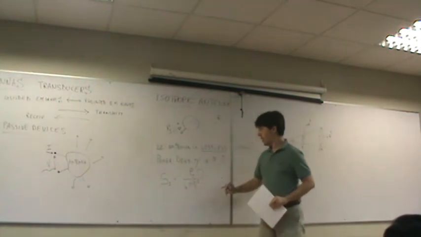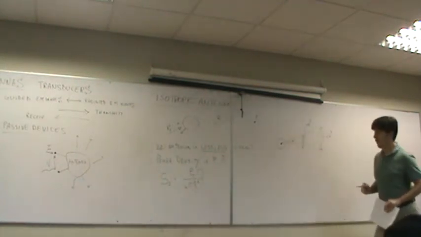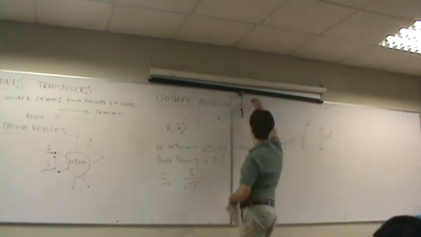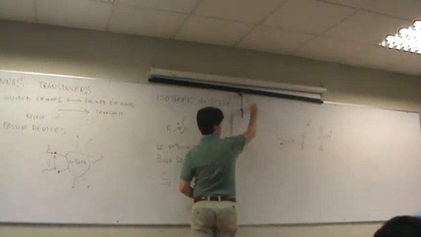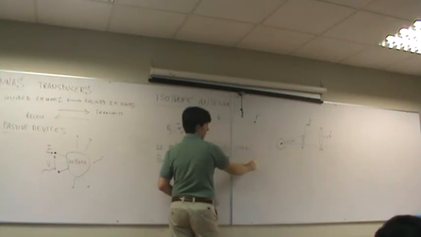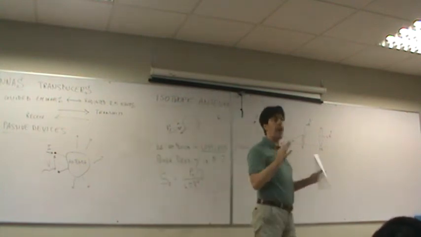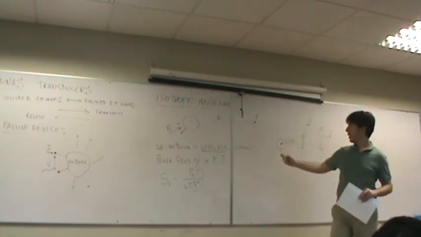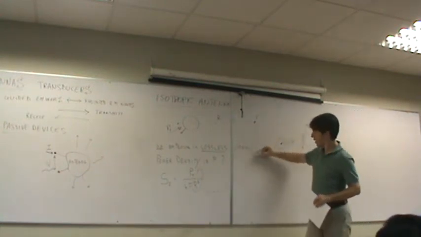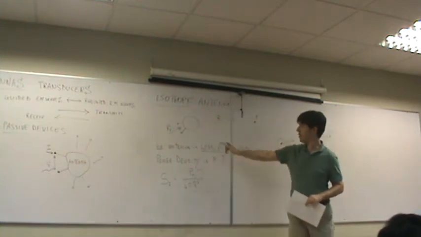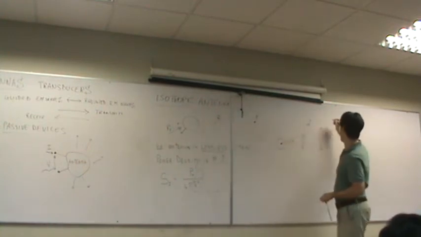We can verify that this equation is in fact correct. Let's calculate this. Those are simple calculations. Let's calculate what is the total power that crosses a spherical surface of radius r.